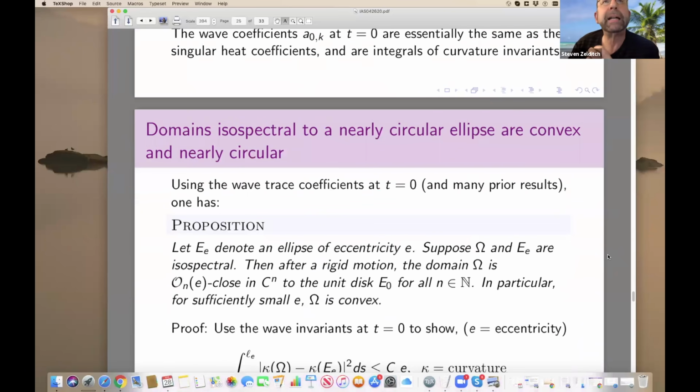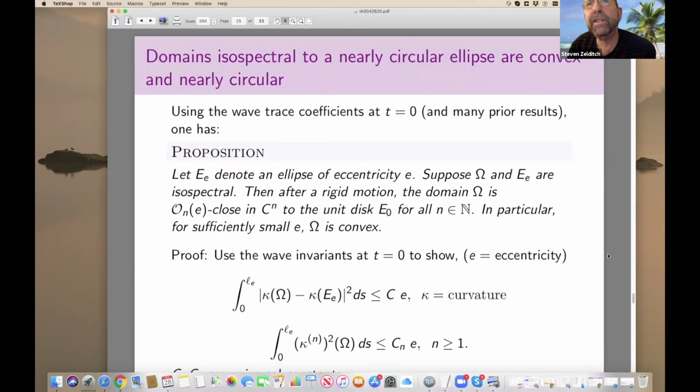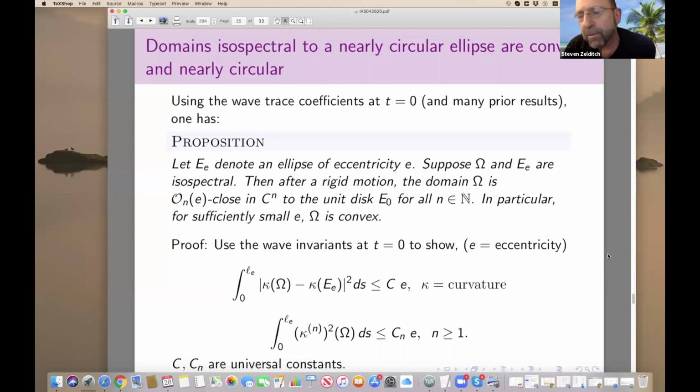So the first thing we do is use the singularity at t equal to 0. And we prove that you can actually hear the property of being convex and nearly circular. If you have a domain isospectral to a nearly circular ellipse, with no assumptions at all, you can prove that the domain itself must be convex and nearly circular. This is a matter of studying the heat trace coefficients.